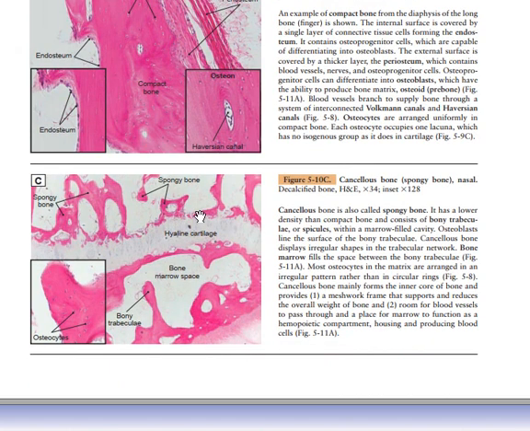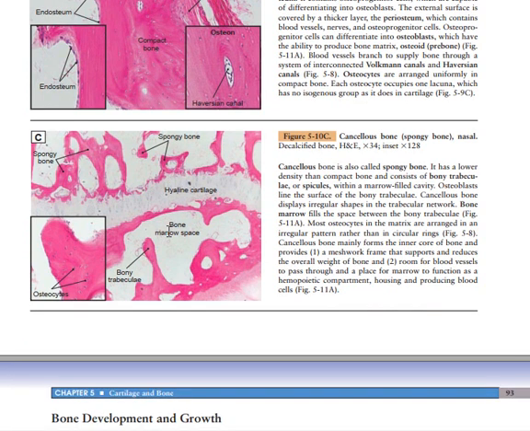Now with the cancellous bone, or spongy bone, it is also called decalcified bone. These are the spongy bones. They are mostly made up of trabeculae.